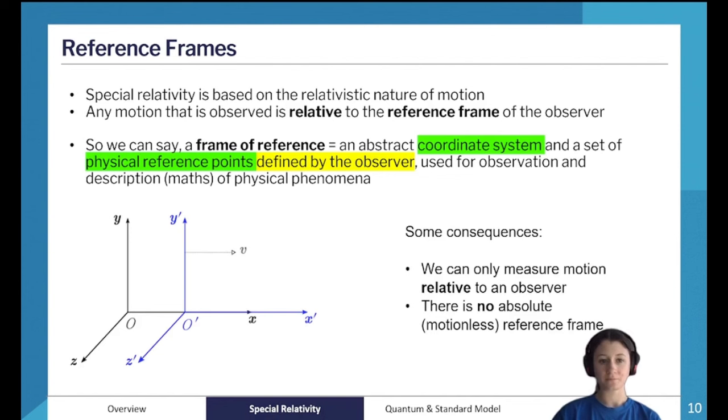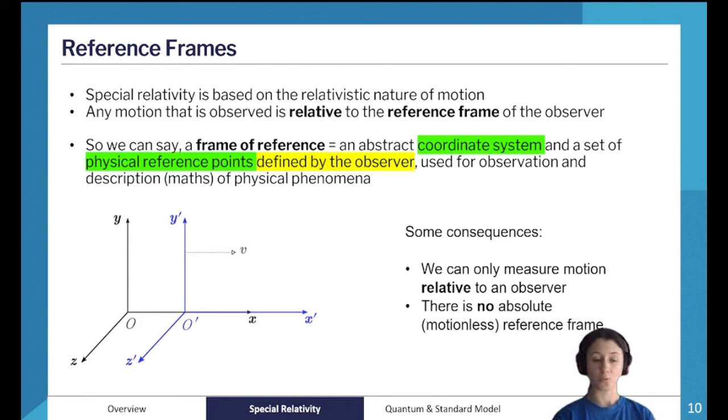Alright? So, some consequences of this is that we only measure motion relative to the observer, and the meaning of that is that there is no absolute reference frame. Alright? Nothing is kind of absolutely still. As soon as you think that something is absolutely still, as soon as you think about it a little bit harder, it won't be.